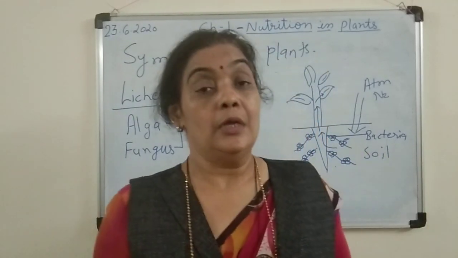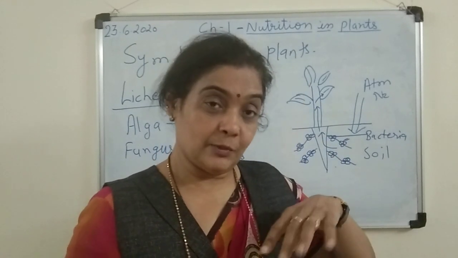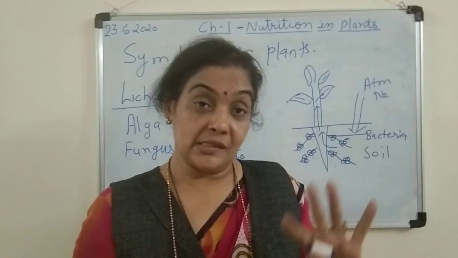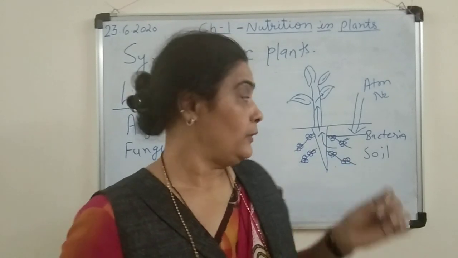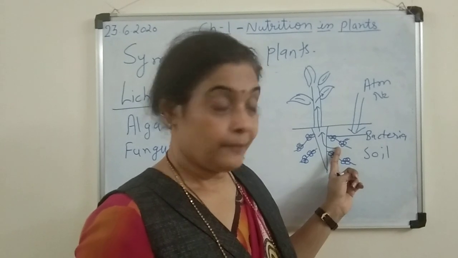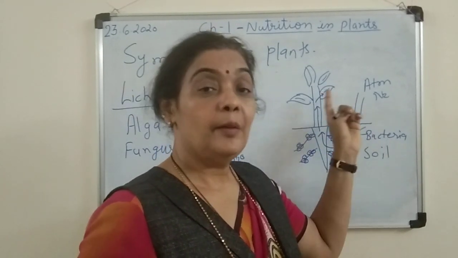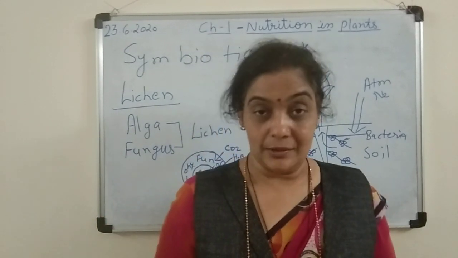In return, the leguminous plants, the pea plant or other leguminous plants like bean plants, all pulses, provide shelter and nutrients to these residing bacteria. This is known as symbiotic association in leguminous plants.